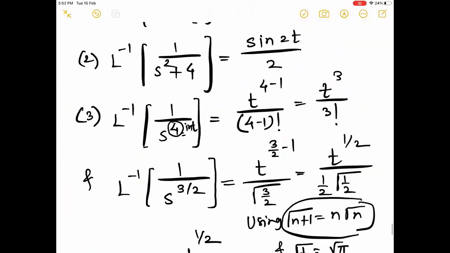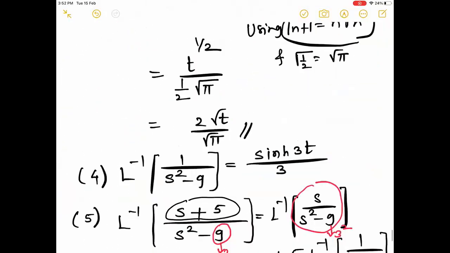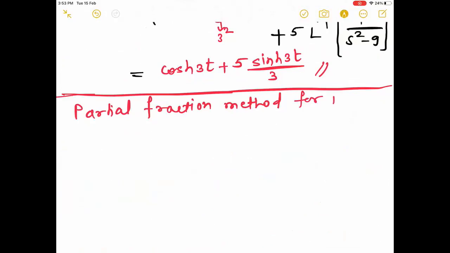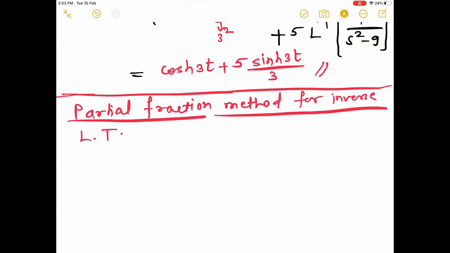Got it, ma'am. Partial fraction method for the inverse Laplace transform. Just I'll tell you how this can be done. The partial fraction we have already seen in the Z transforms. The only thing is that here your fraction contains s functions.